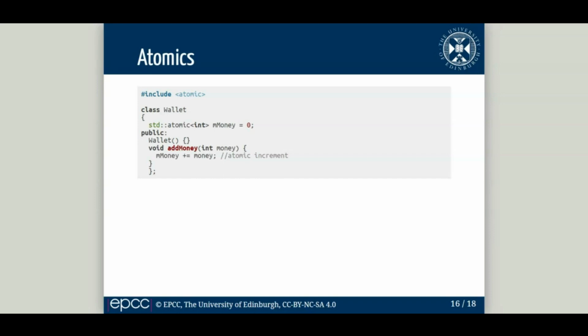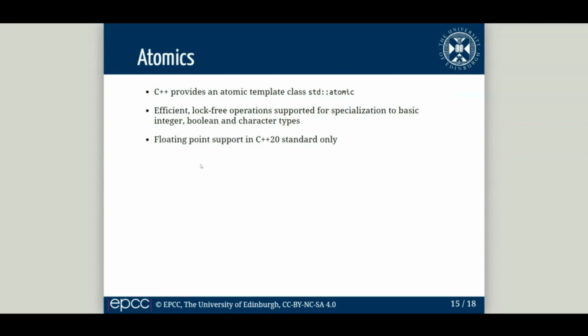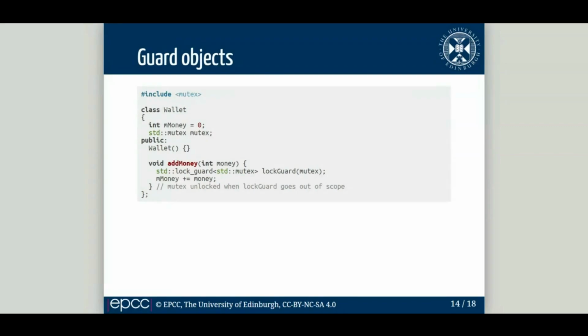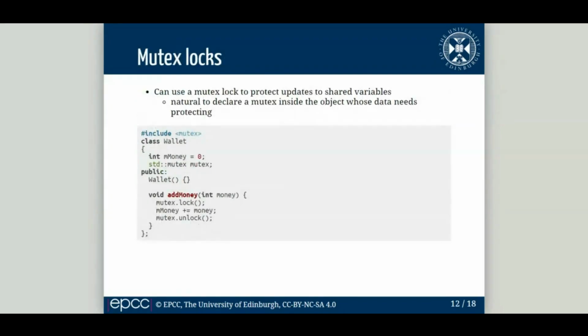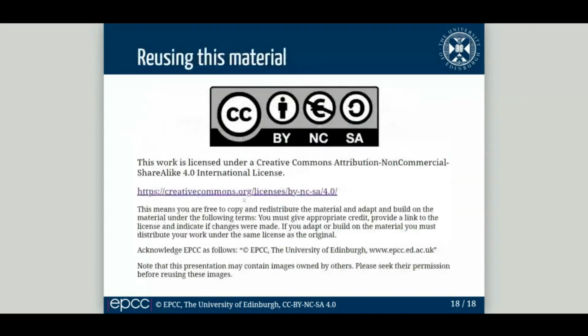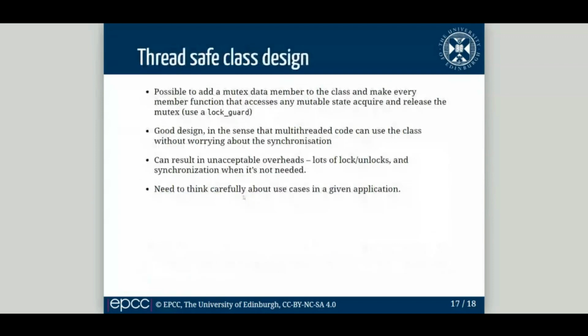Okay, so this is to update money using an atomic increment. A mutex, for instance, is for when we want to do more operations inside the lock and unlock. Otherwise it could be sensible to use an atomic.